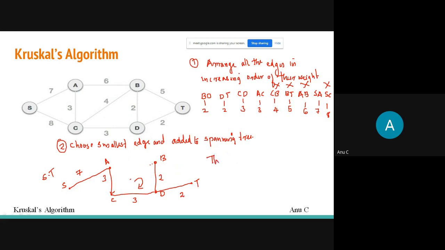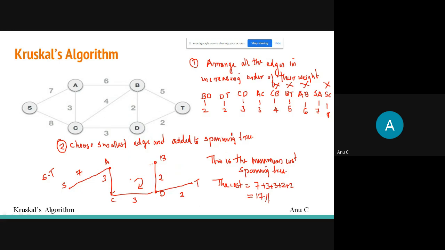So this is the minimum cost spanning tree. Okay, and the cost is 7 plus 3 plus 3 plus 2 plus 2 equals 17.